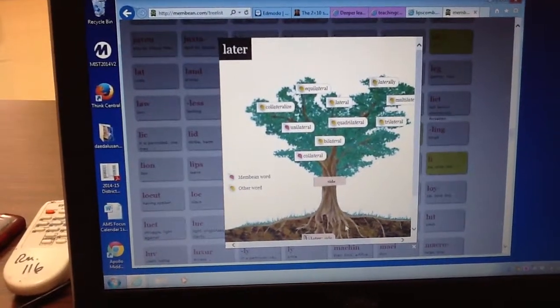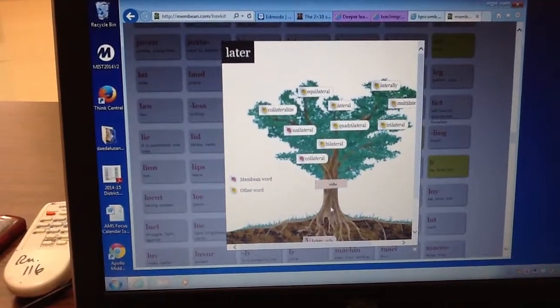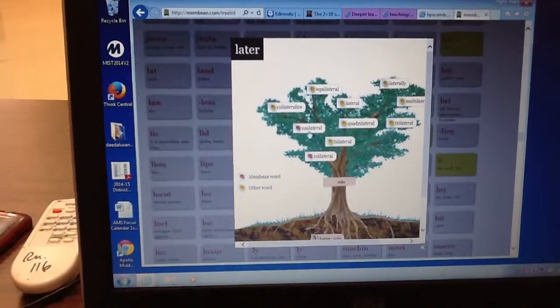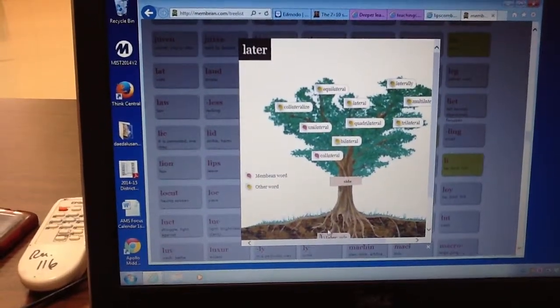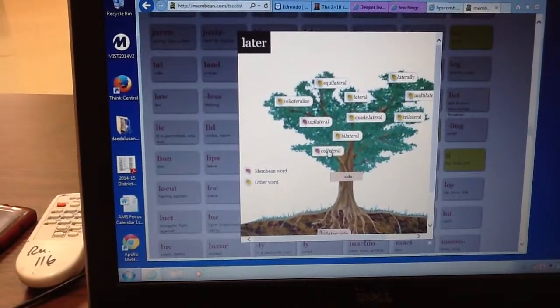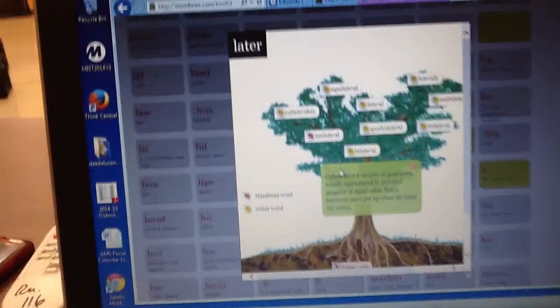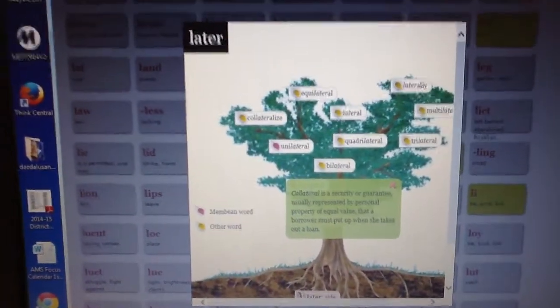Lateral means side. You see how it really has a nice visual. This will support your EL students. And that side is kind of the anchor or the trunk. And then all these other words generate from that root of lateral, which is here at the bottom. And then you can click on each one, and we see there, collateral, and there's the definition.